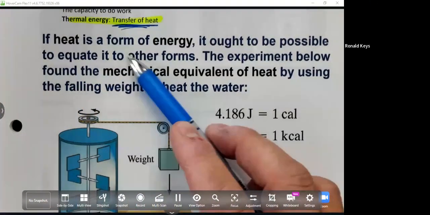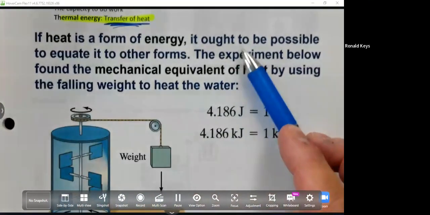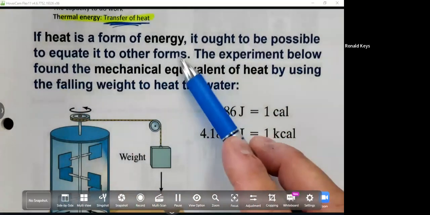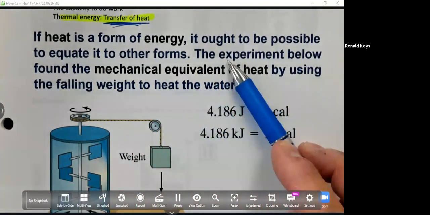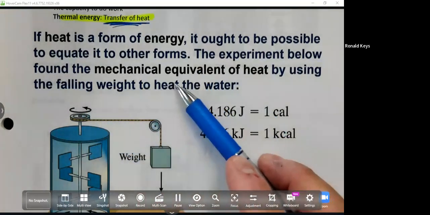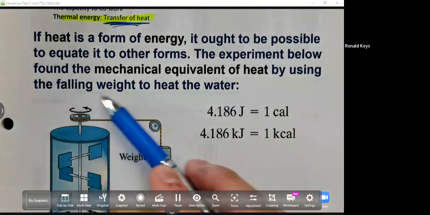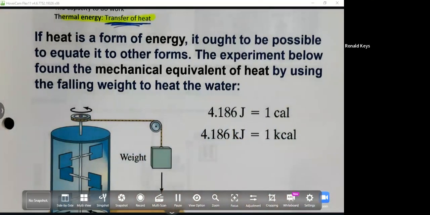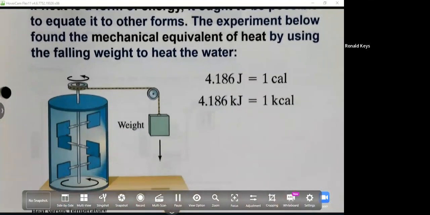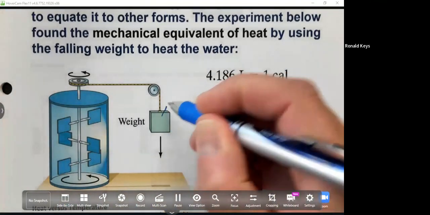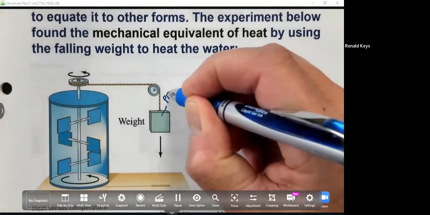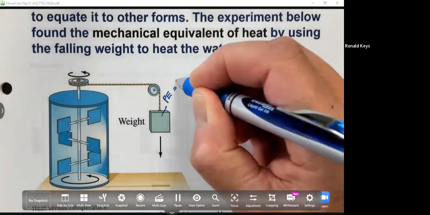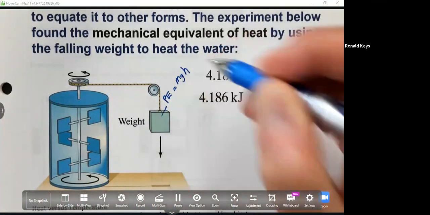So if heat is a form of energy, it ought to be possible to equate it to other forms. The experiment below found the mechanical equivalent of heat by using a falling weight to heat the water. And we would say that this has potential energy, which would be equal to mgh.